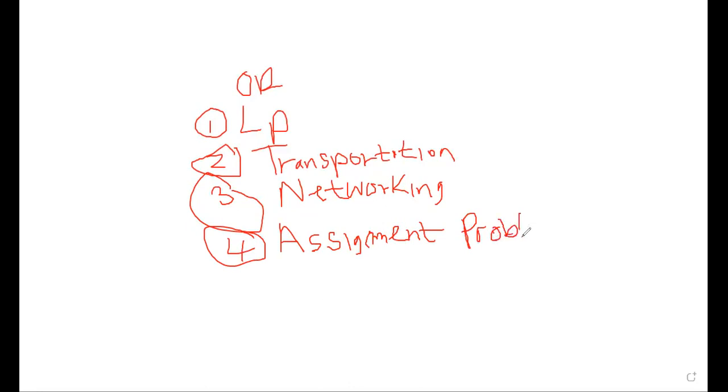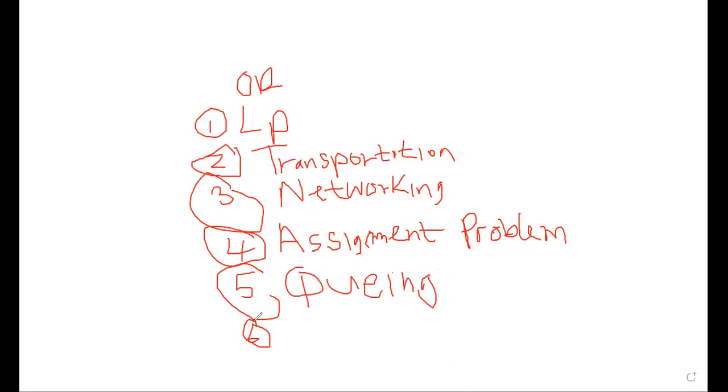Then we have the other one, which is queuing theory. And then the other one is simulation.